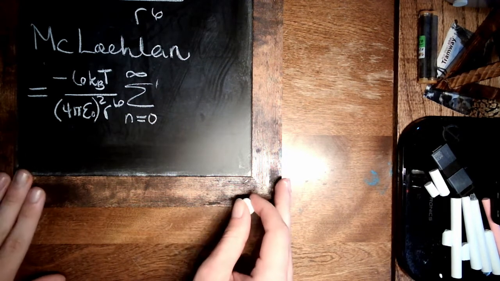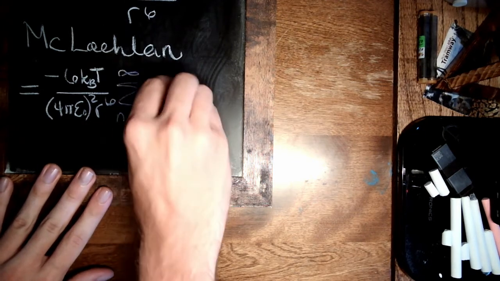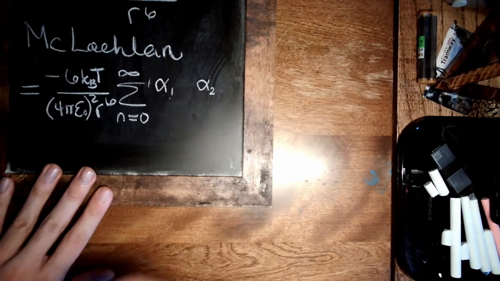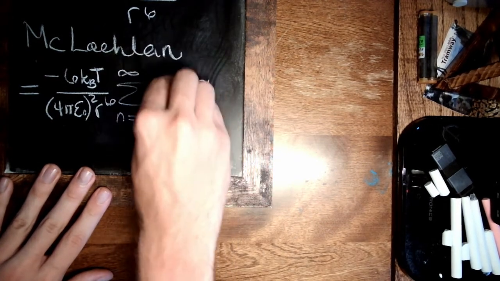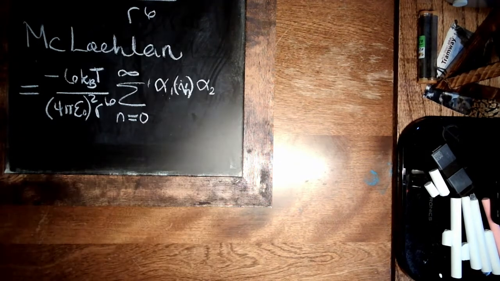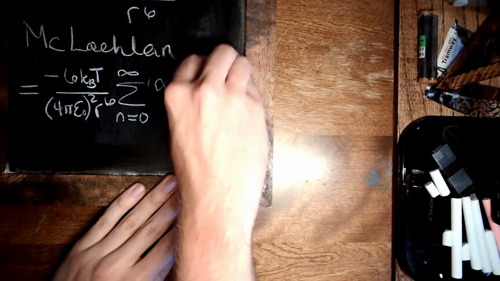But what we're summing over is the polarizability alpha 1 and alpha 2, which we're going to say is a function of frequencies nu n and the imaginary number i.